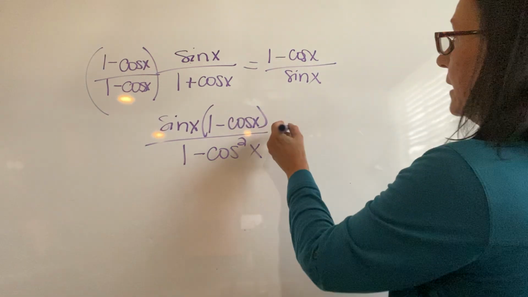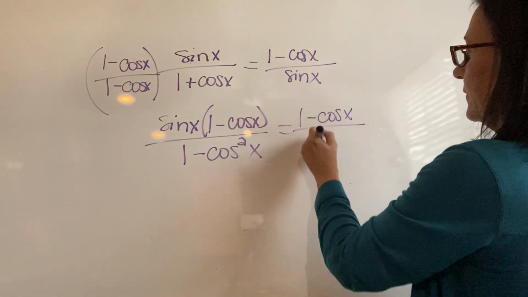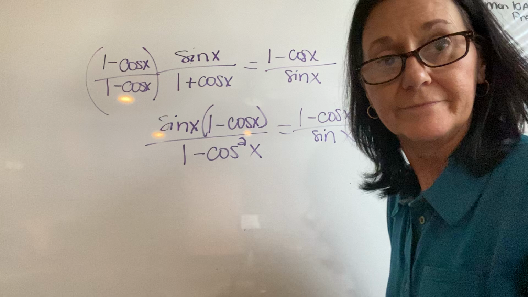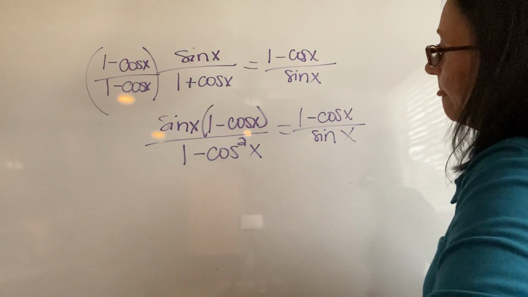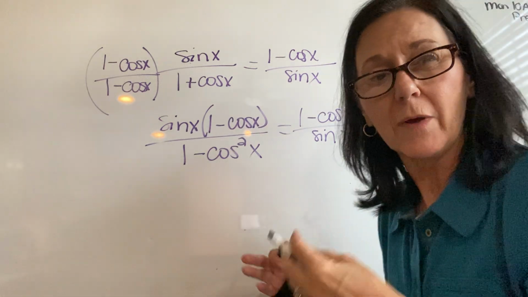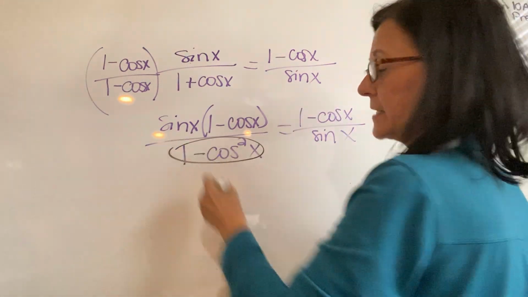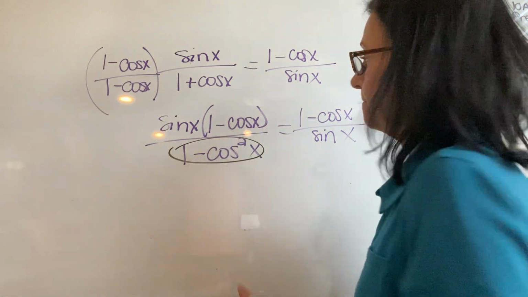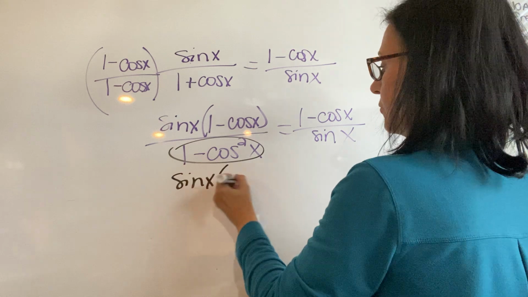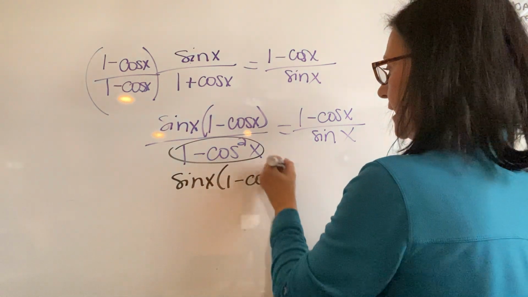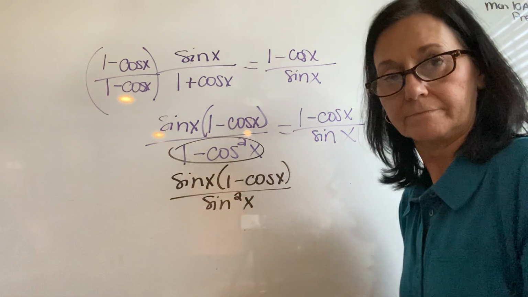So I am not changing this right-hand side. I am only working on one side. That's what I typically do always. For this piece, I'm going to substitute in the sine squared, so that we end up with sine x times 1 minus the cosine x over the sine squared x.